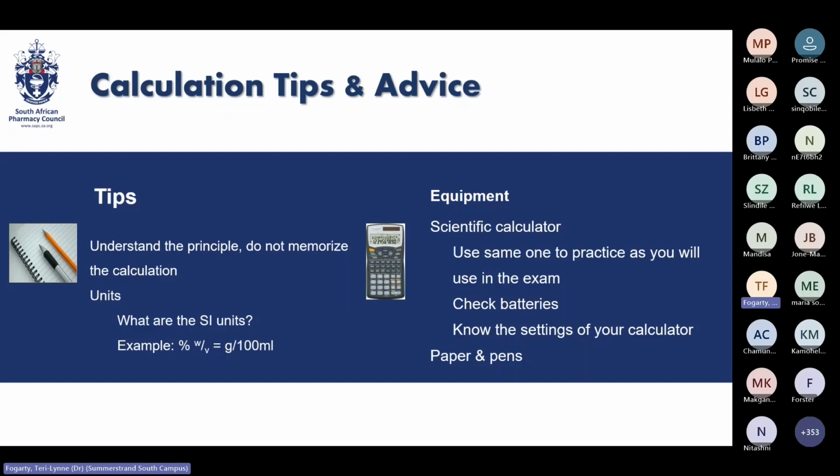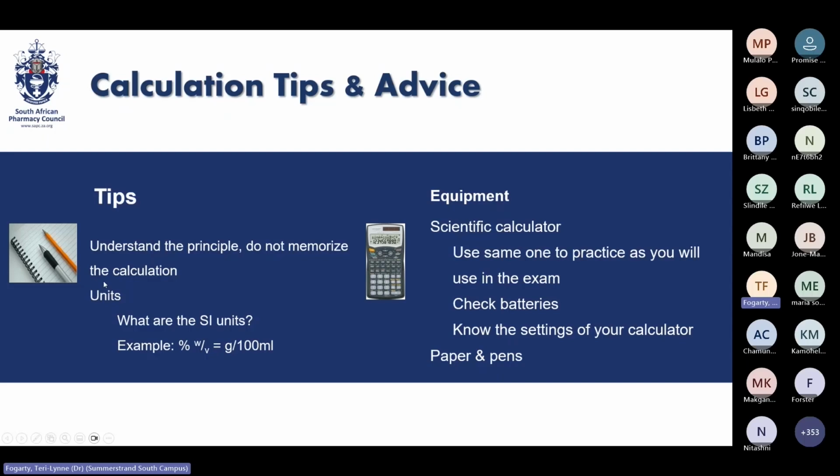The more you practice a principle, when you are faced in an exam with an applied question that you haven't seen before, you will be able to recognize the principle and do the calculation. So when you prepare for your calculations, learn the principles. Don't try to memorize calculations or examples that are in the textbook or in your notes.